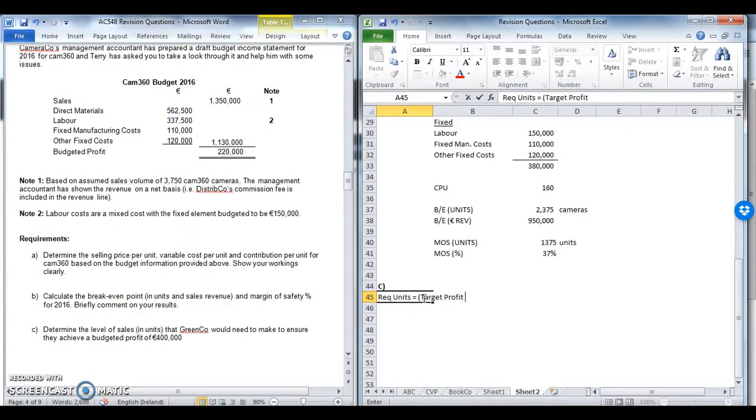So how you work it out is the required units, the formula will be its target profit plus your fixed costs over your contribution per unit, and this is in the notes, so go back and look at your slides. The logic being, you know the contribution per unit for here is 160 per camera.